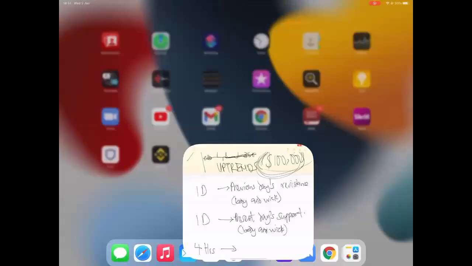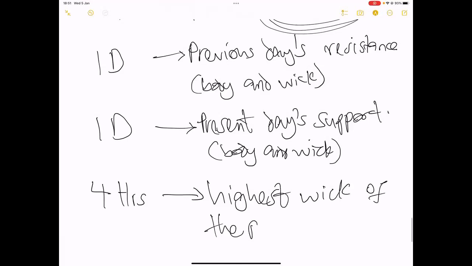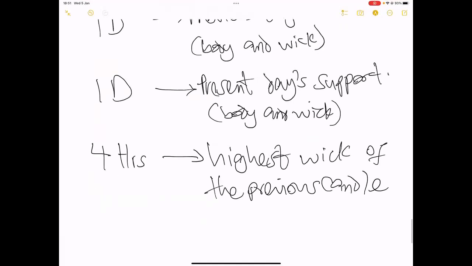So write that down in your notes. 4 hours, highest wick. Highest wick of the previous candle only is what you are picking on the 4 hours.